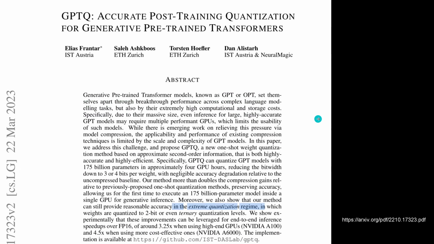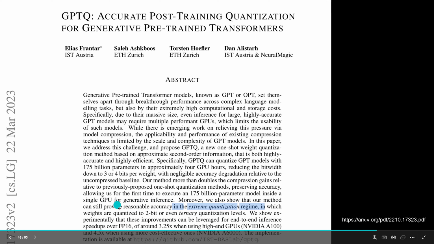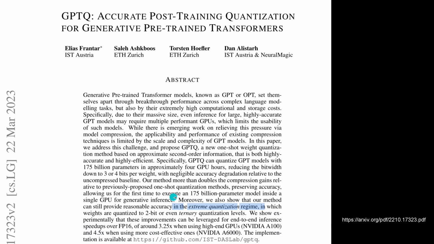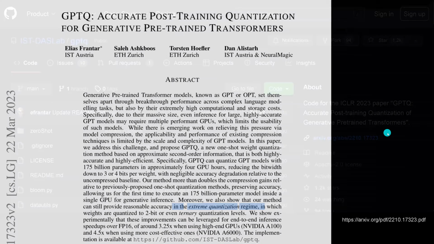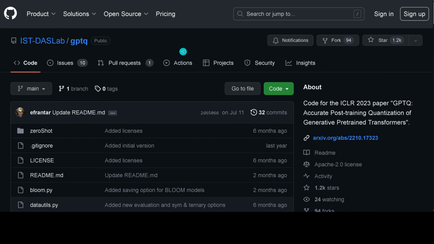Of course, if you want here the research paper for GPTQ, this is the research paper who explains here that they still provide some reasonable accuracy, whatever this means, then in detail on your data, on your training data, in this extreme quantization regime. If you want to see here the GitHub repo here, GPTQ, this is the link to go. Code for the paper GPTQ. Yes, beautiful. Have a look there.